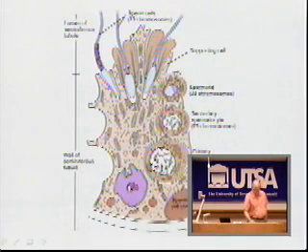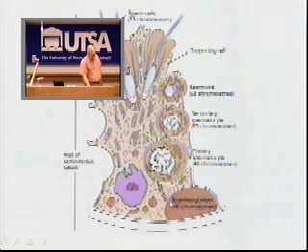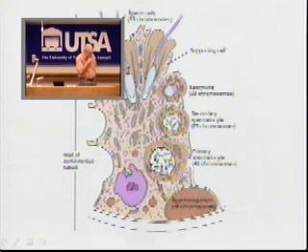So one final view of this sustentacular cell and its association with the production of the sperm, the spermatogonium, 46 chromosomes, primary spermatocyte, 46 chromosomes, but they are duplicated chromosomes.